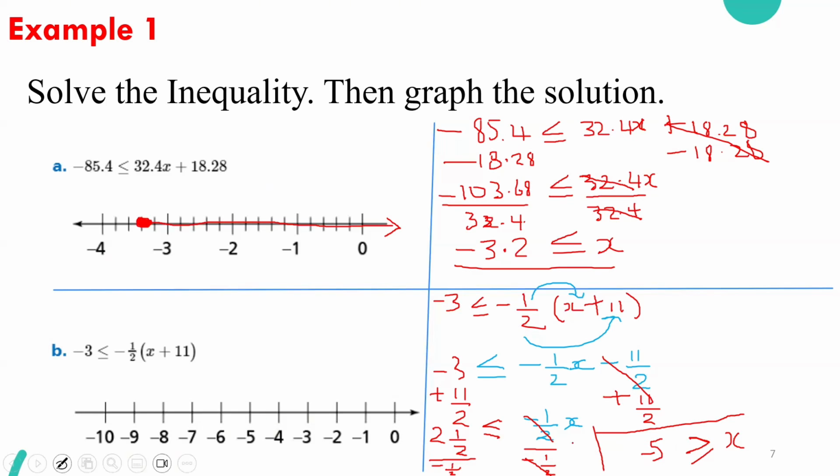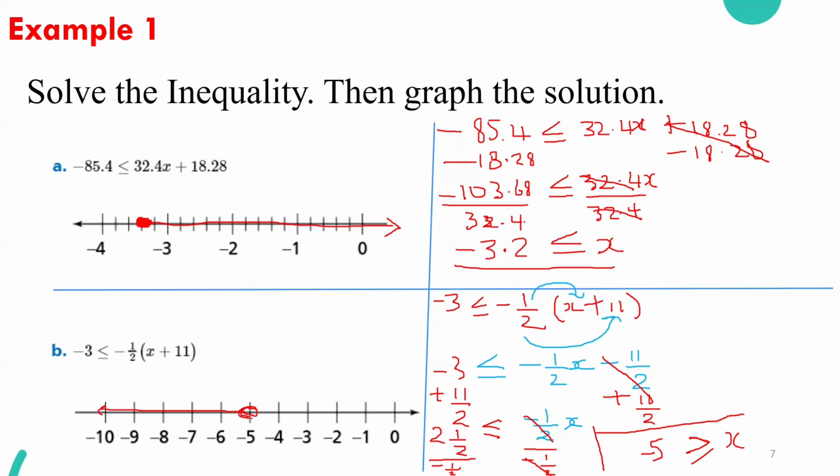To graph this now, we locate -5 on our number line. So -5 is right here. Remember we said x is less than, so we are going to draw our arrow to the left, because all of these numbers to the left are less than. We are representing x is less than or equal to -5.